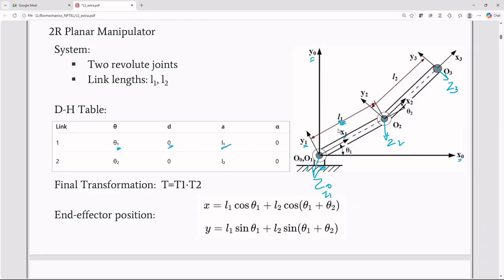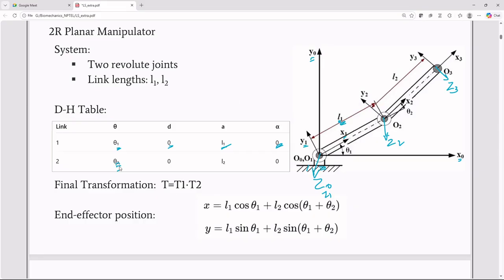And alpha, the rotation between x0 and x1, also does not exist, so it is 0. Likewise, we have given for theta 2 the angle between these two x-axes with respect to the z direction.